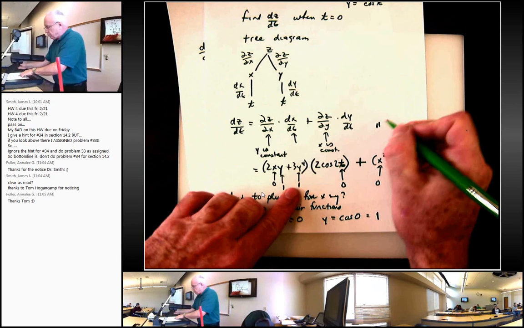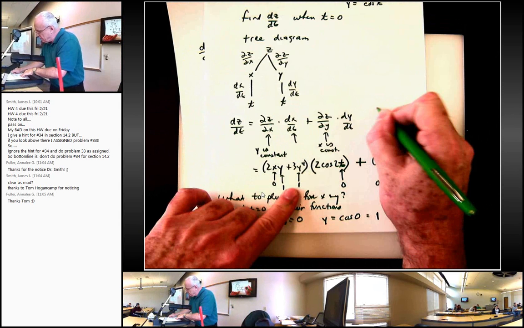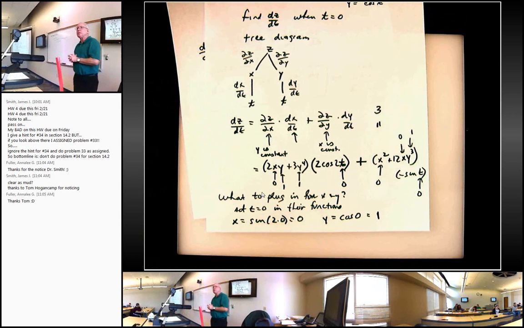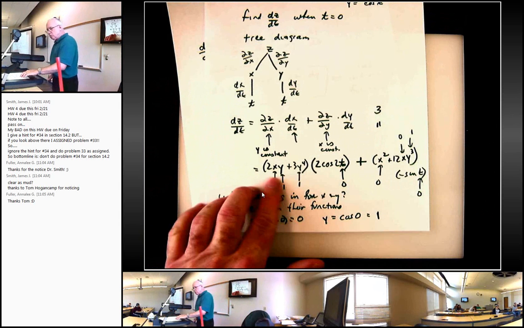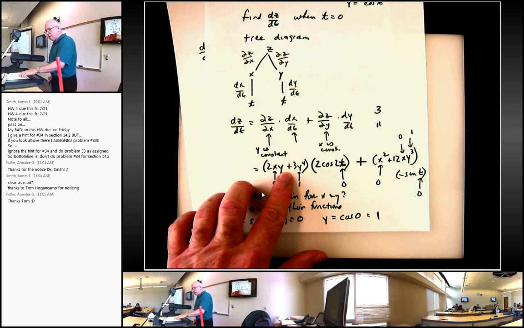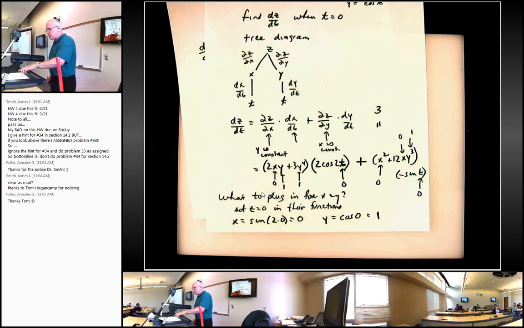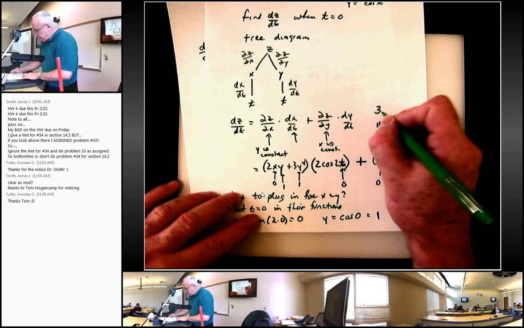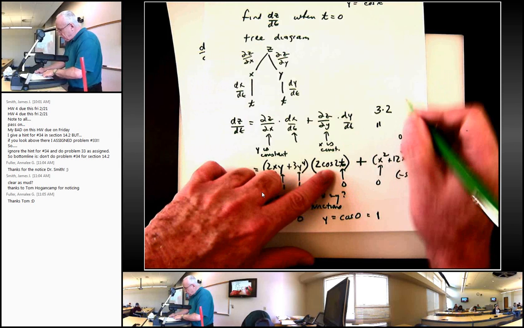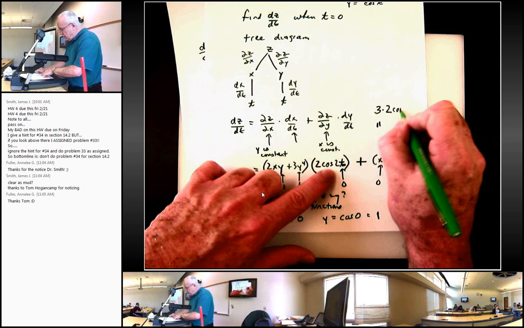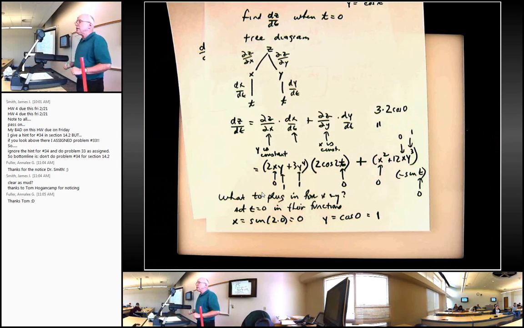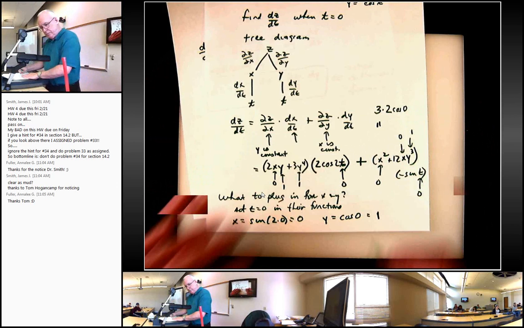So I'm going to have 3 here, aren't I? For that first parentheses, 2 times 0 times 1, plus 3 times 1. So I'll have 3. And then this is going to be what? 2 cosine of 0. Well, that's going to be a 1, right?